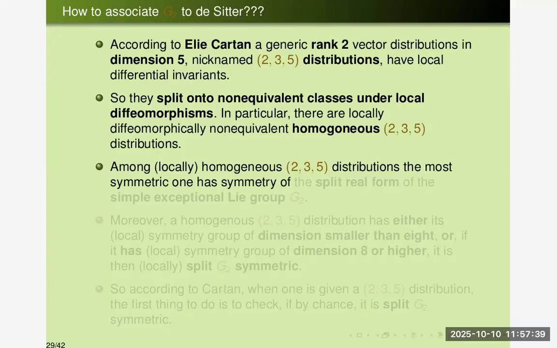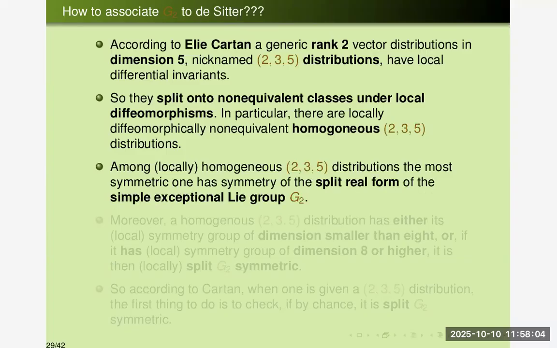The result of Cartan is that the most symmetric of these (2,3,5) distributions has the split real form of the exceptional simple Lie group G2 as its symmetry. So actually the first realization of the exceptional Lie group G2 was realized by Cartan as a symmetry of a certain rank 2 distribution in dimension 5.